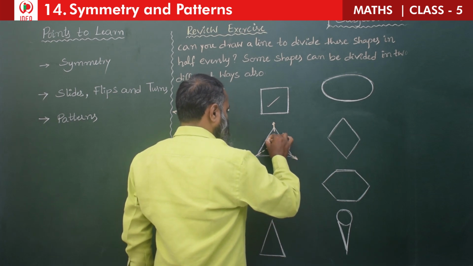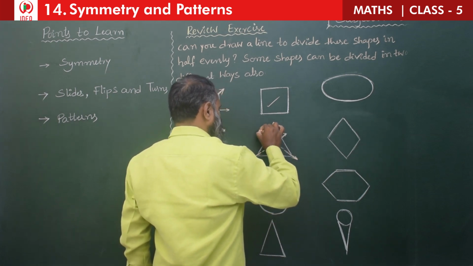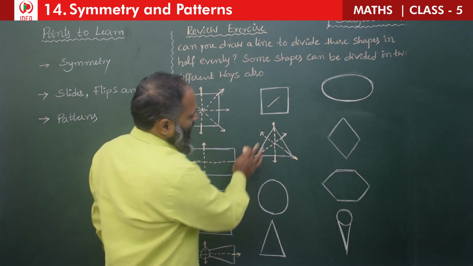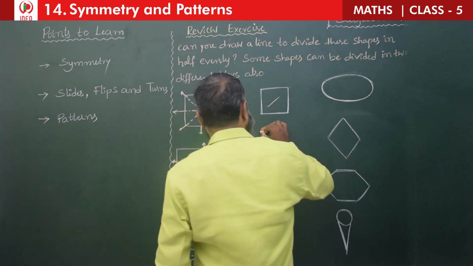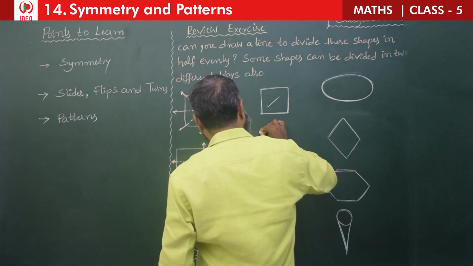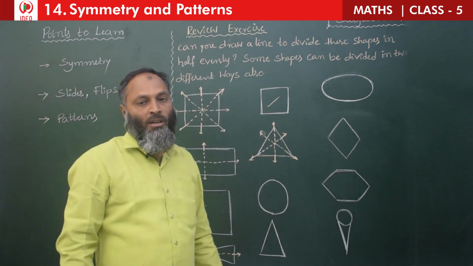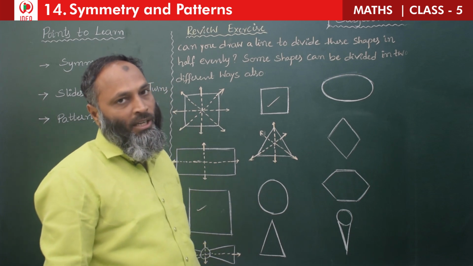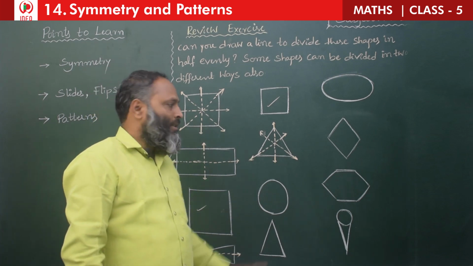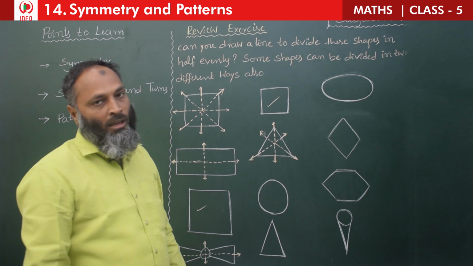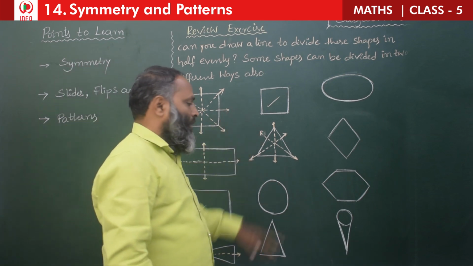So, from every vertex we should draw a line to the opposite side. Then you will get 3 ways to make 2 equal halves.